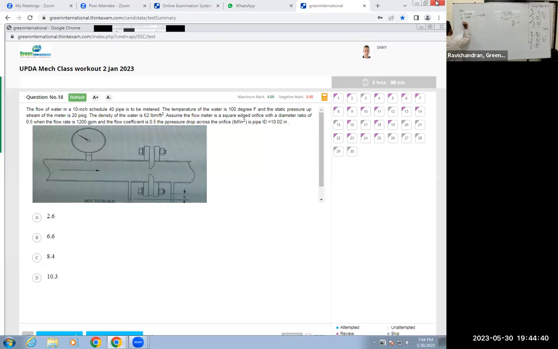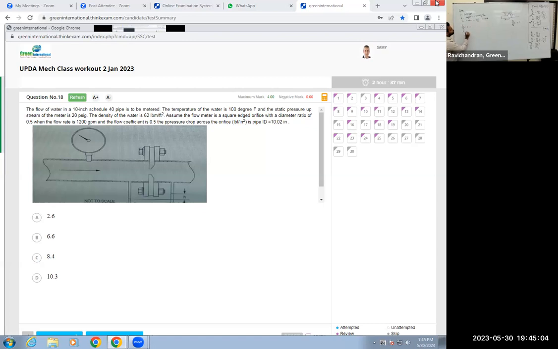And diameter D1 is equal to 10.02 inch. Converting to feet, 10.02 by 12. And diameter ratio is given, D2 by D1 is equal to 0.5.